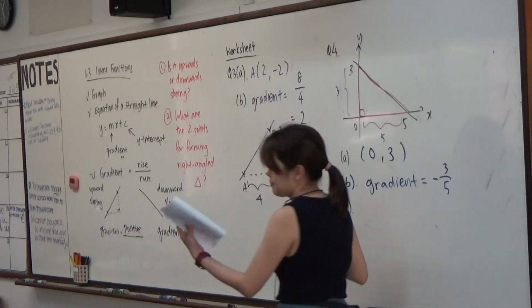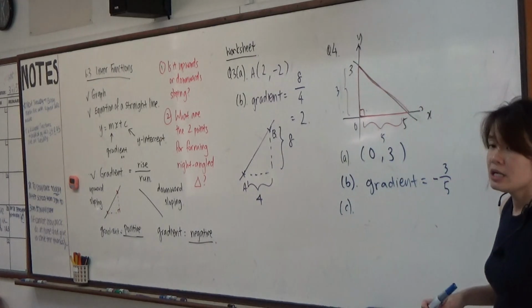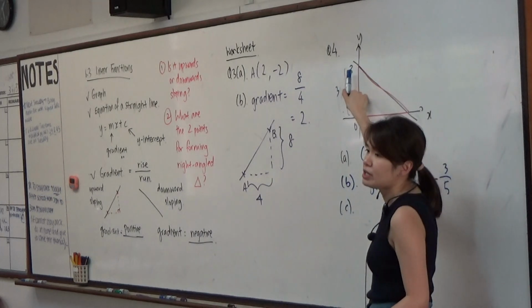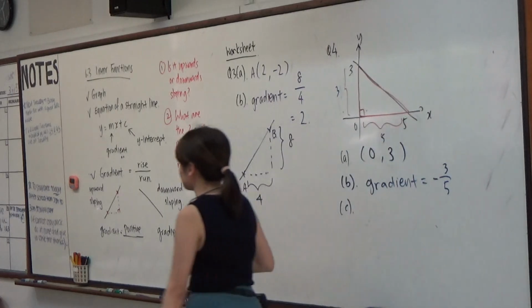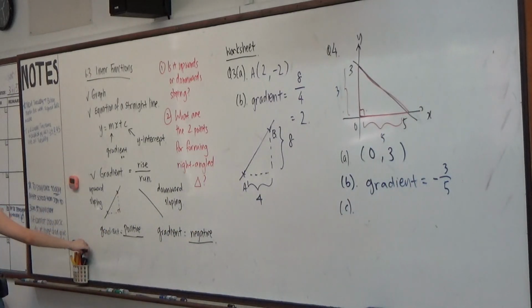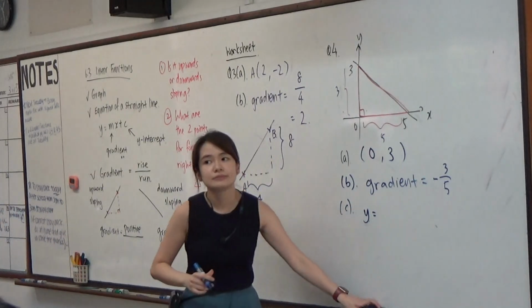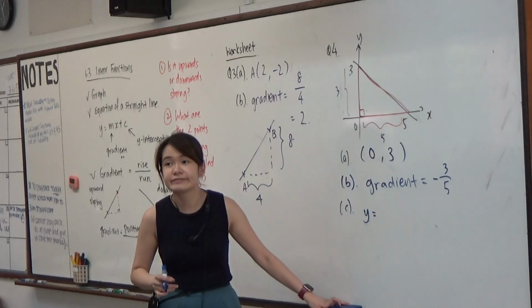In part C, the question wants you to write down the equation of the straight line. So we have already found the gradient and we know the y-intercept is 3. So in this case, what will actually be the equation of the straight line? This is what we covered in our last lesson. Marcus, can you tell me what is the equation of the straight line?